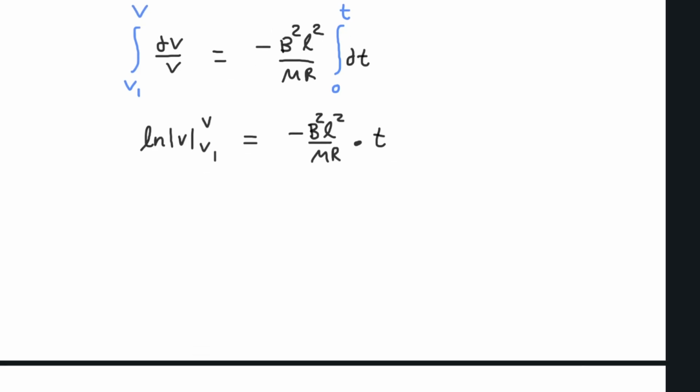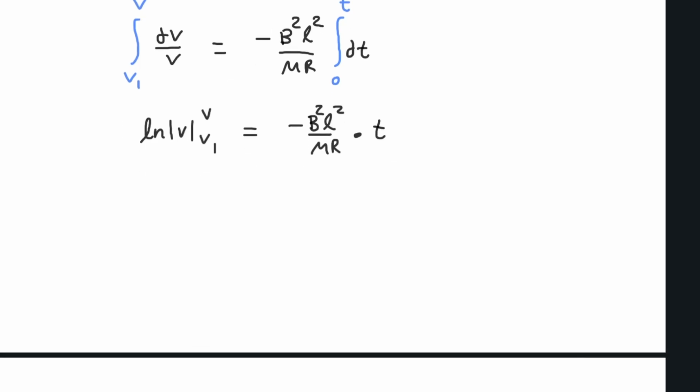And then by applying the log rules, I would be subtracting two logarithms. So I'll just combine this as ln of the quantity v divided by v1 is equal to negative B squared L squared over mR times t.